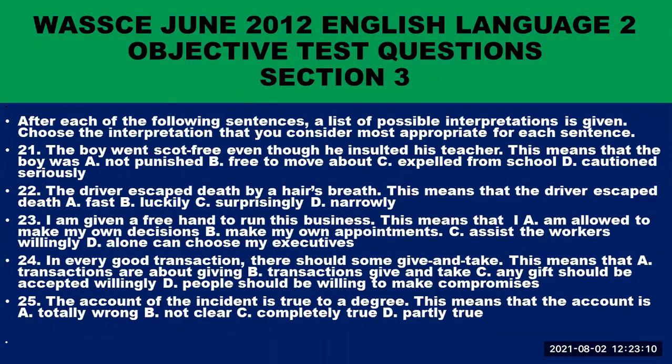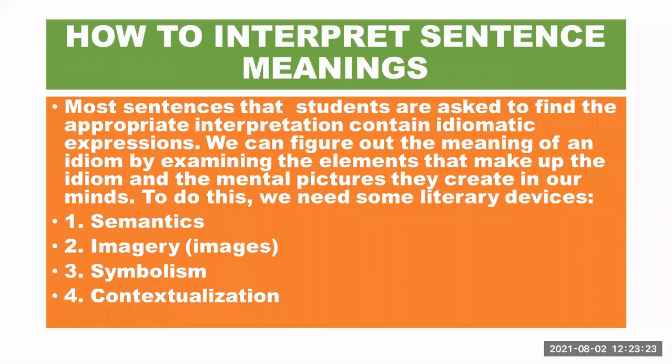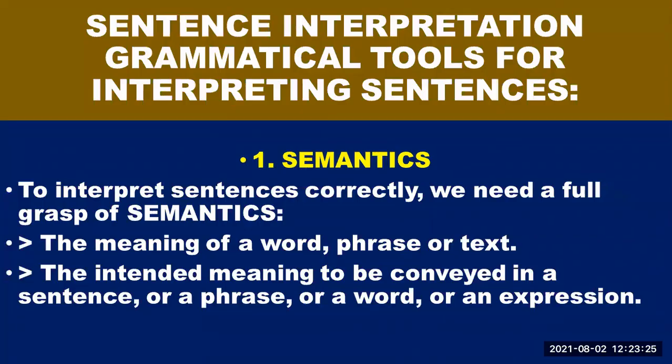In this section of the exam, we are concerned with certain grammatical principles that will enable us to understand and pick the correct answers to the questions. The section is dealing on sentence interpretation.